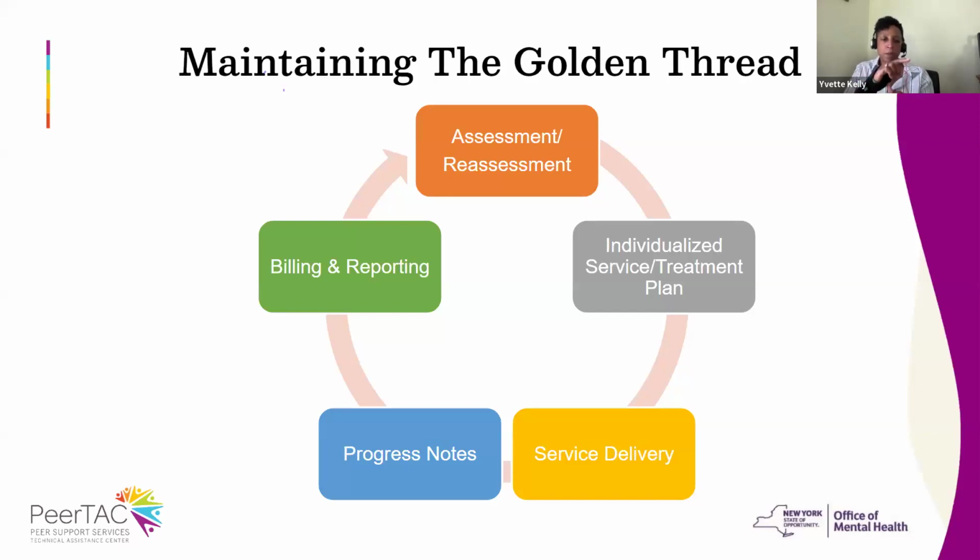And then you keep going, right? If there's a reassessment, then the reassessment happens because there's a new need that you're now aware of as a provider. The treatment plan or service plan is updated, those new services are then delivered, and then those new services are reported on, and billed and reported on accordingly. And so that's the concept when it comes to the golden thread.